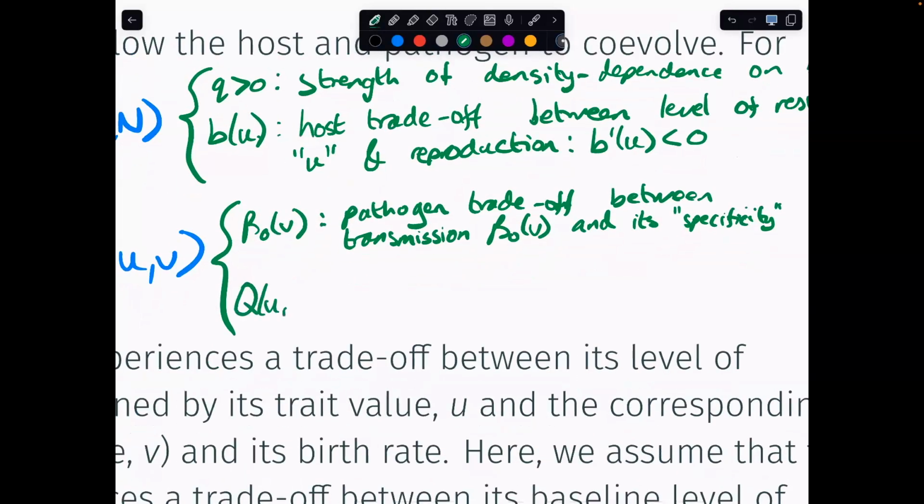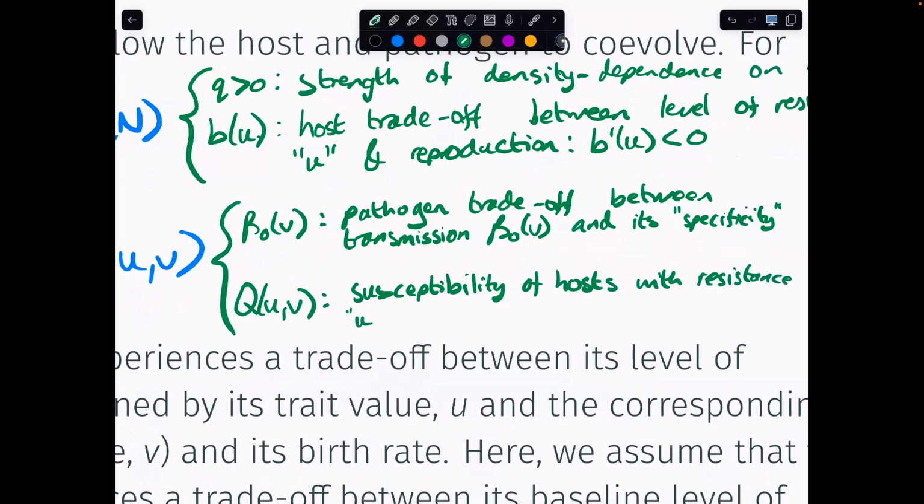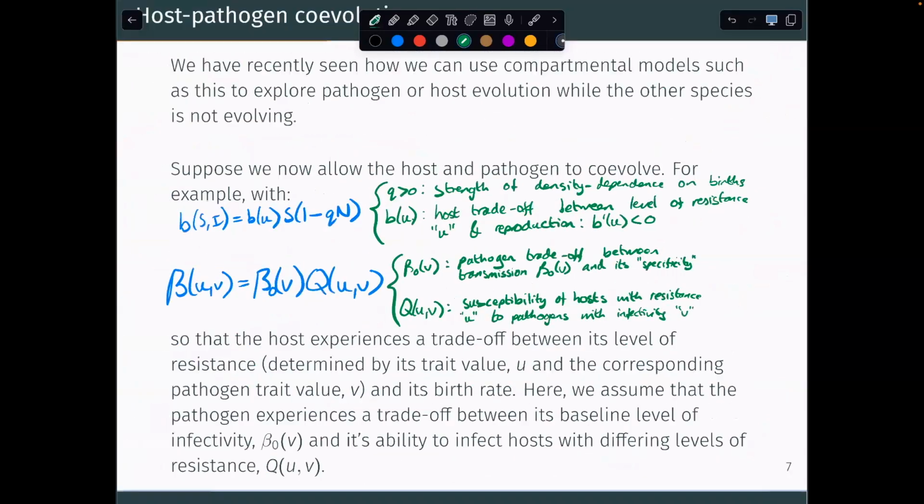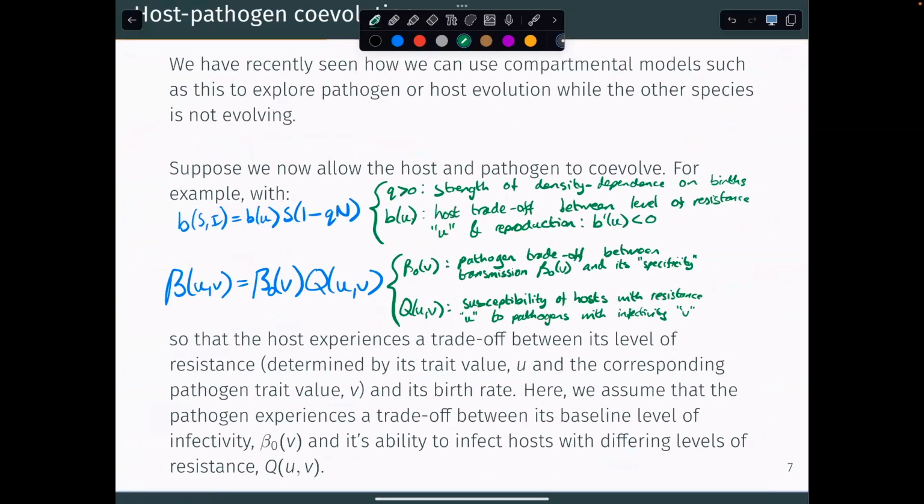This other function Q is just something that's telling us our susceptibility of hosts with resistance U to pathogens with infectivity V. I'm not actually going to delve much into these functions.